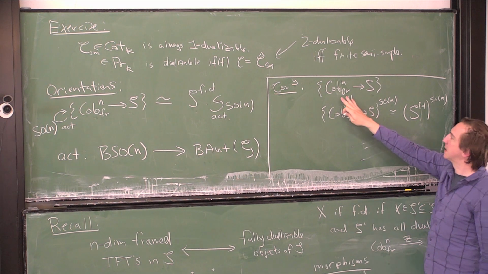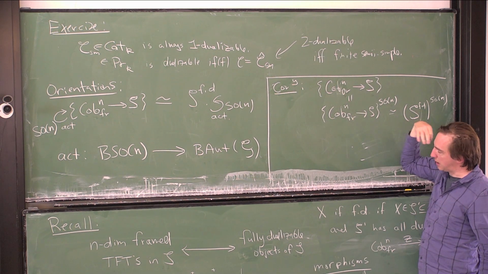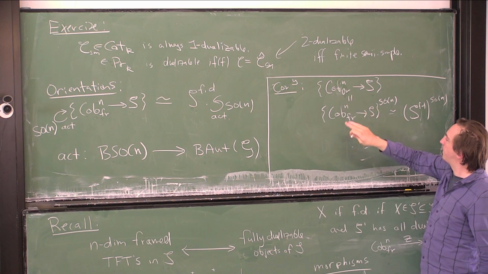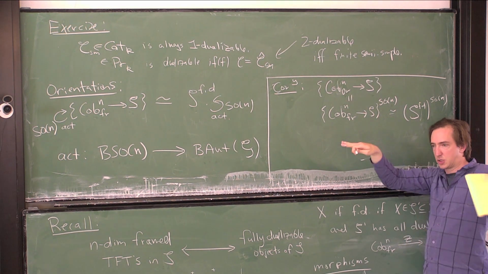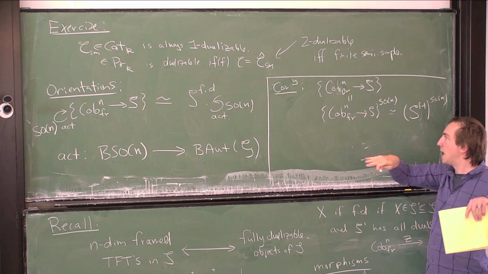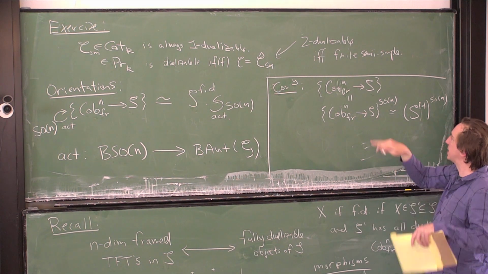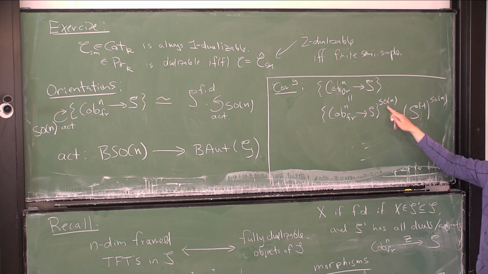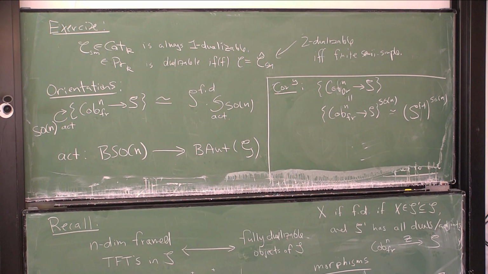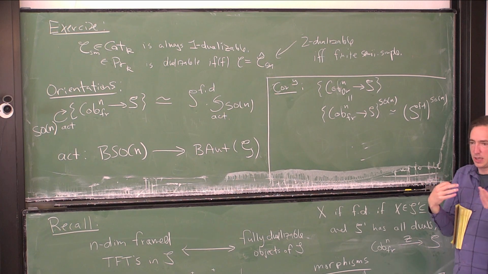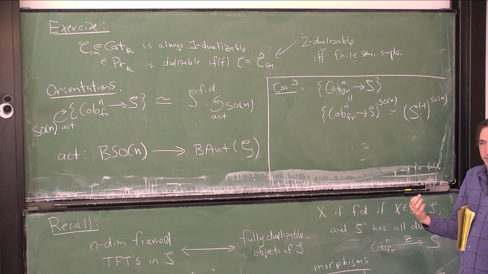All I'm saying is that, heuristically, a framed TFT involves this extra choice of a framing. An oriented TFT says I want to forget that framing. So the way I forget that framing is I quotient by SO(n). It's a little bit more subtle than that because, for instance, not every n-manifold can even be framed.